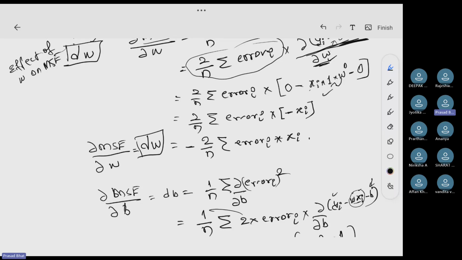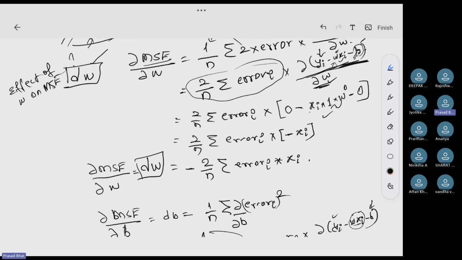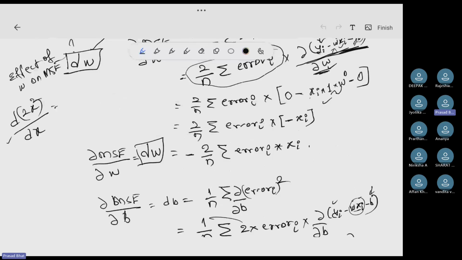Because it is multiplied with the variable that we are trying to differentiate with. Let me take 2x square just to make you understand. The basic rule of differentiation is like this.